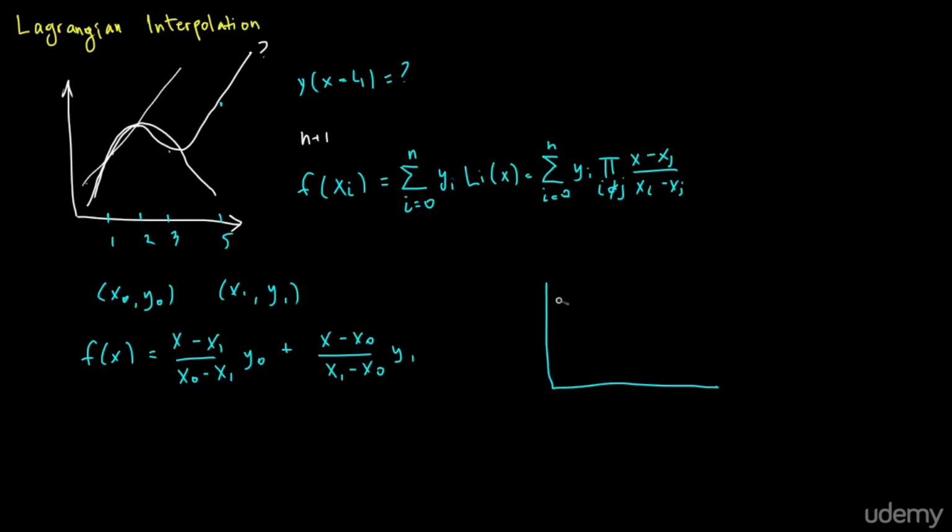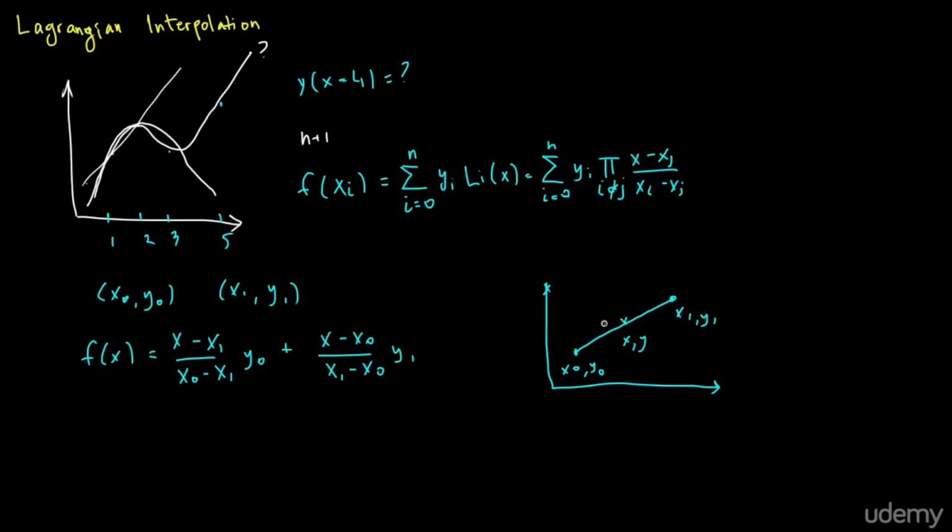If you draw the graph again, with 2 points, the interpolating polynomial is just a line going through these 2 points, x0, y0 and x1, y1.